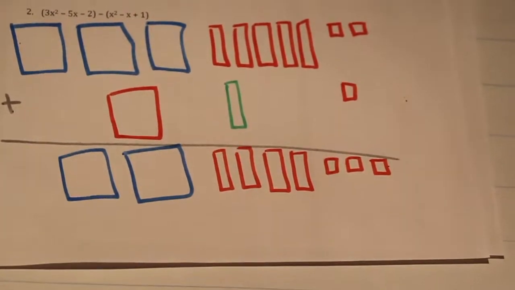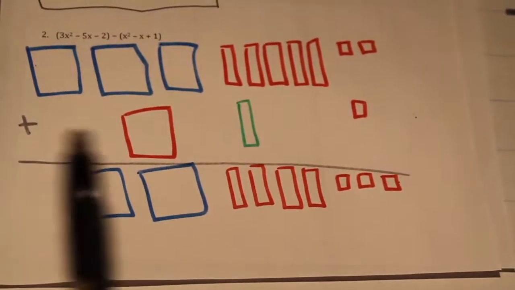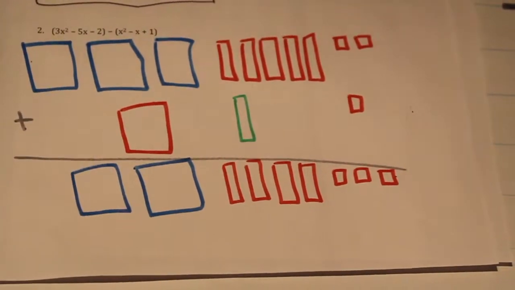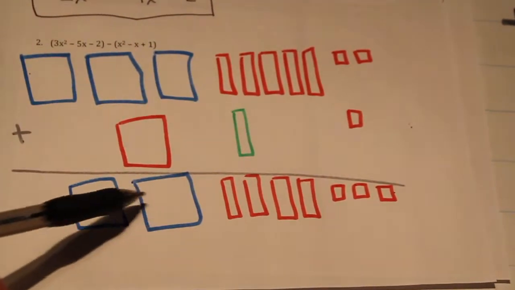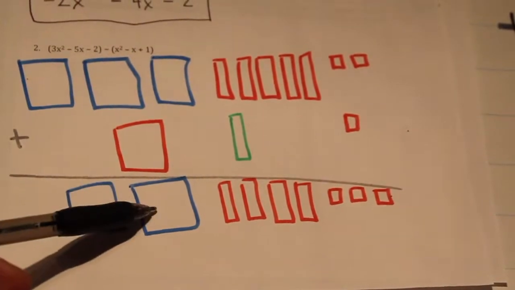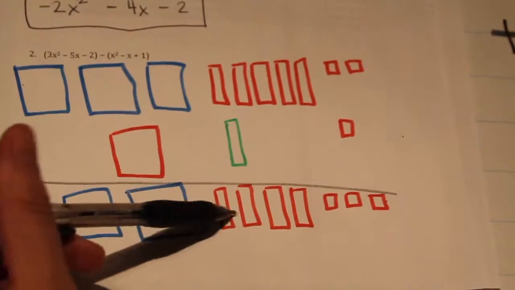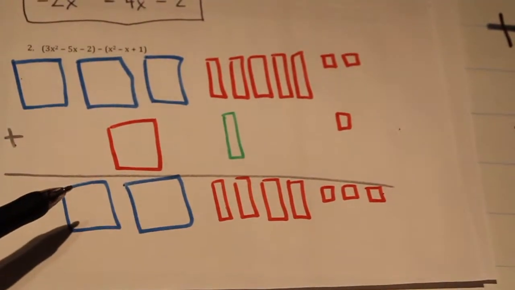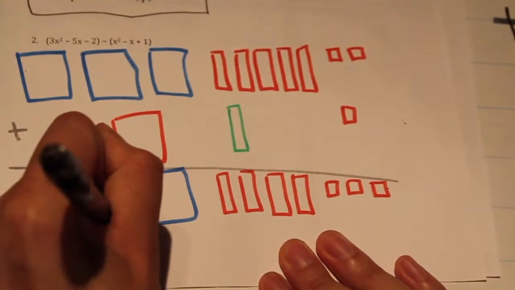Now what we want to do is translate it back into numbers and variables. So because we have two big blue squares, remember that the big blue squares represent an x squared. So if there's 2, we say that it's 2x squared.